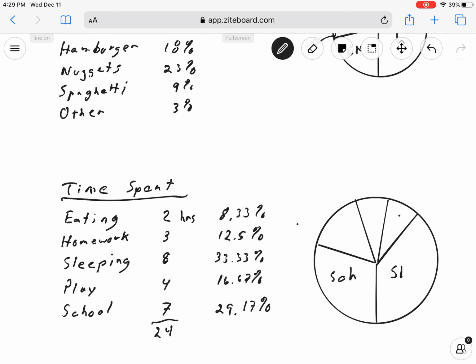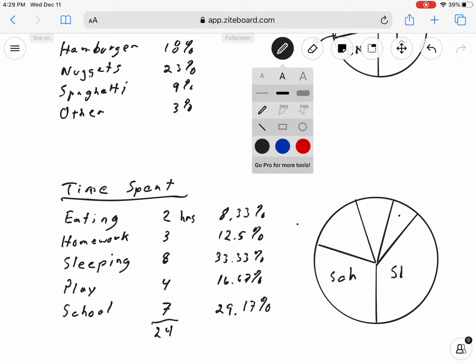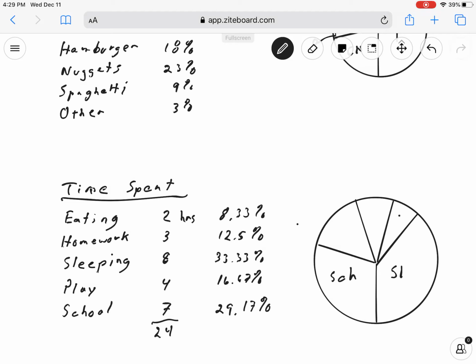And let me move the last one as well. Okay. Close enough. All right, so this one, the smallest one, is my eating. And then my next biggest one is the homework. And then this one is our play.